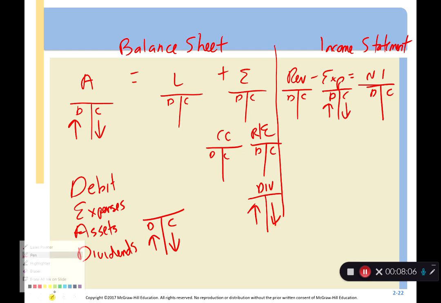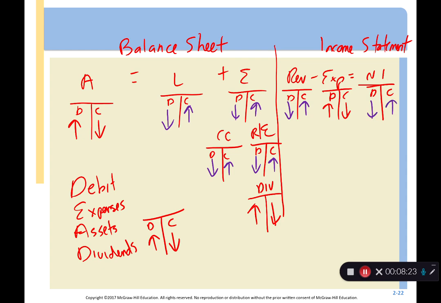Then everything else is going to do the opposite. So the opposite of up, down would be down, up. And there you have it, your conversion guide.